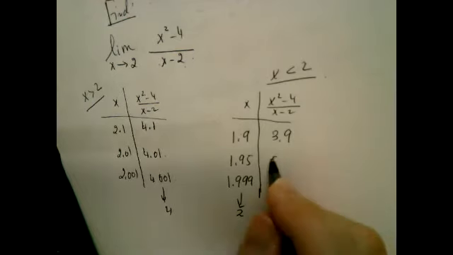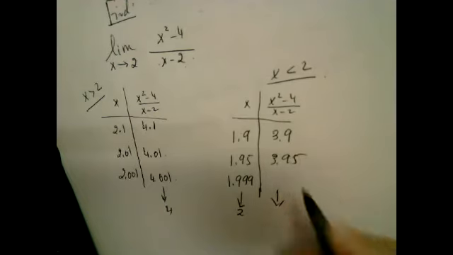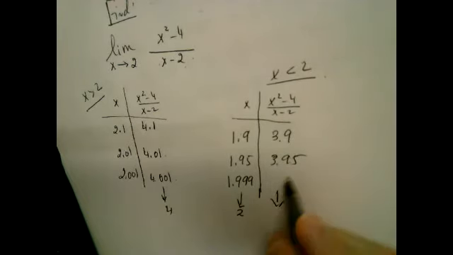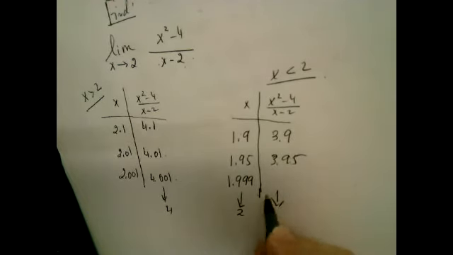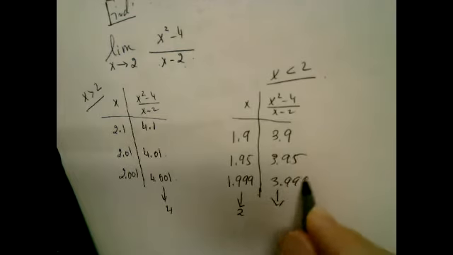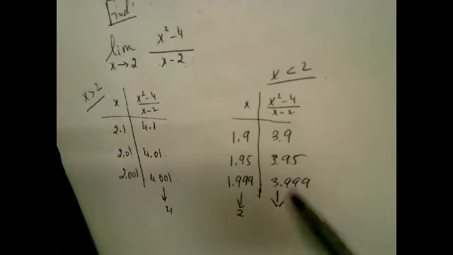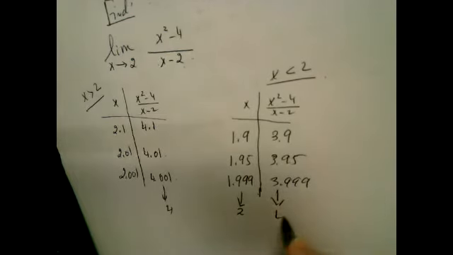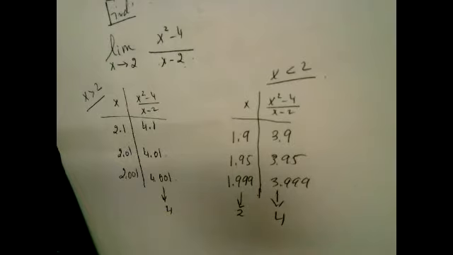It's 3.95. Just plug the numbers back into your calculator. And right here, 3.999. So again, we realize that the values are getting closer and closer to 4.